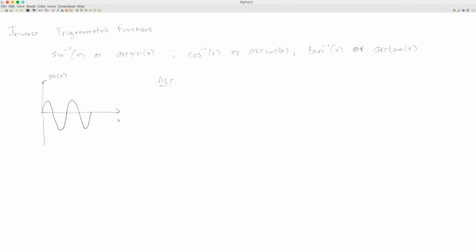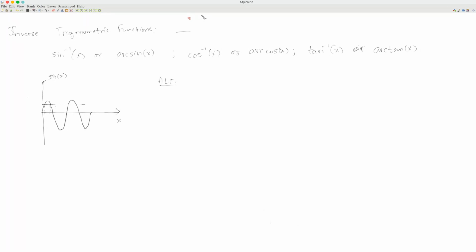So how do we guarantee that we have an inverse? If I draw a horizontal line through the sine function, for instance, I'll just draw right there, and it fails the horizontal line test fabulously. It touches there, so it's touching at 2 different places.